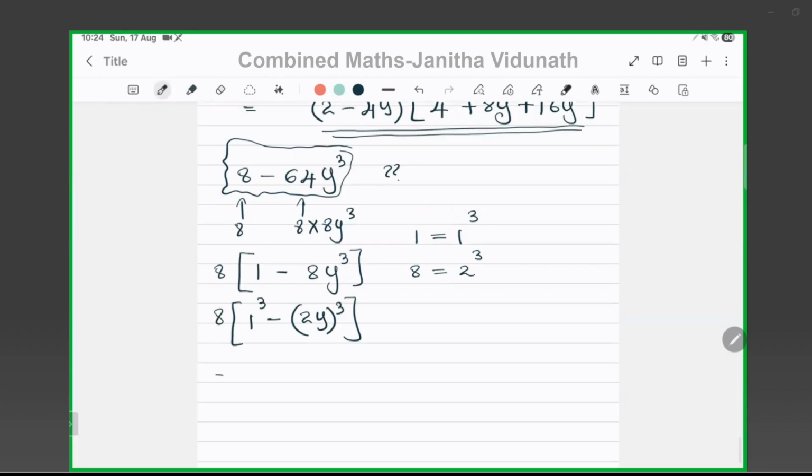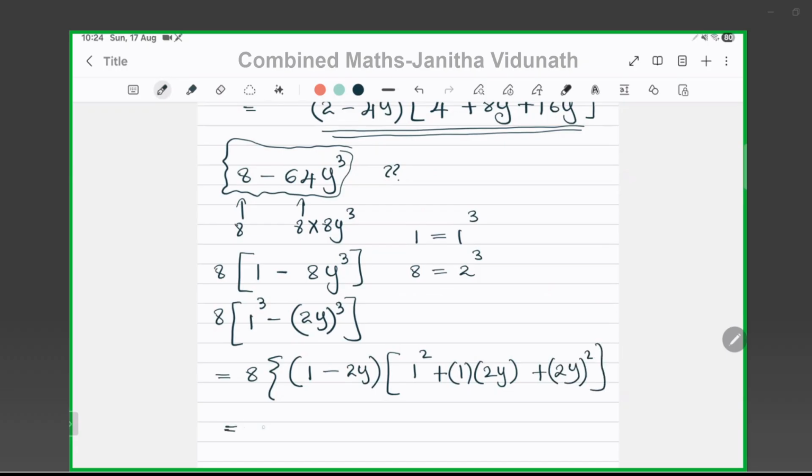Then we can factorize this as 8 times (1 minus 2y) times (1 squared plus 1 times 2y plus (2y) whole squared). Then we get 8 times (1 minus 2y) times (1 plus 2y plus 4y squared).